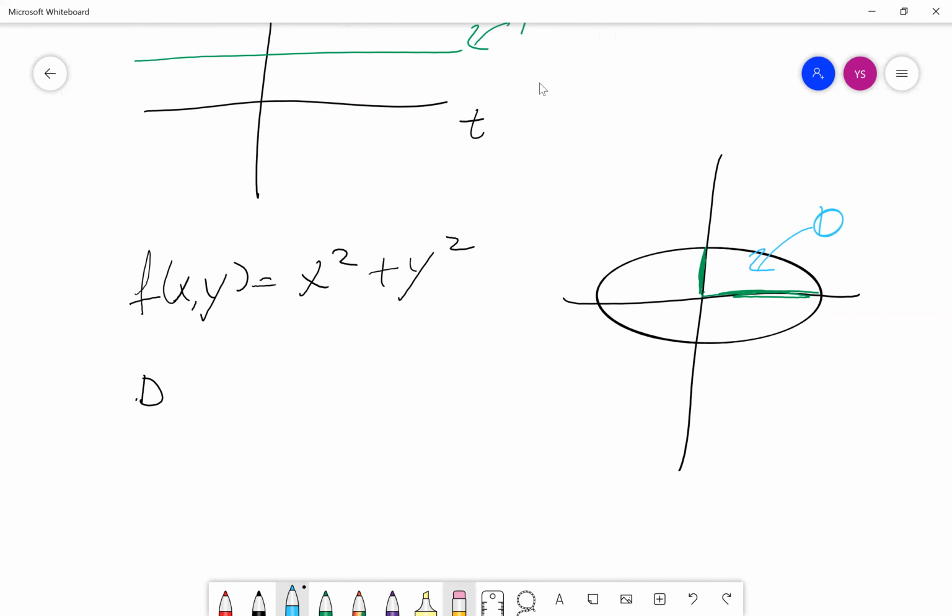And let's imagine that the boundary of the domain is given in the form r of t is equal to, okay, the second one will just be sine of t.